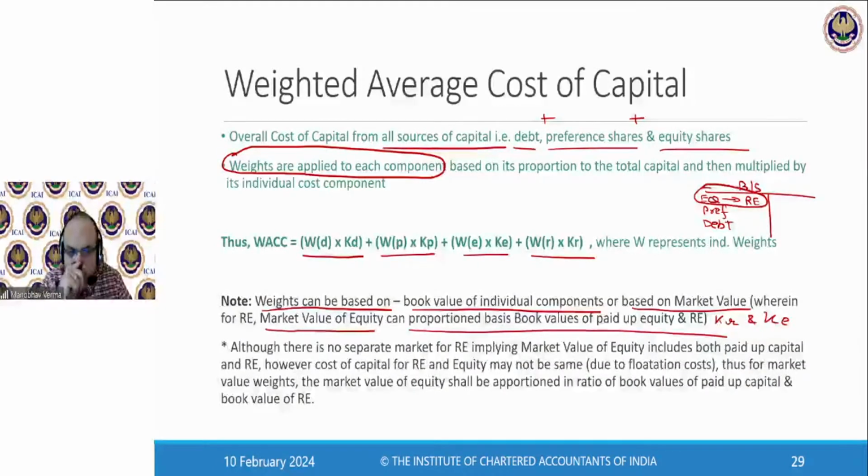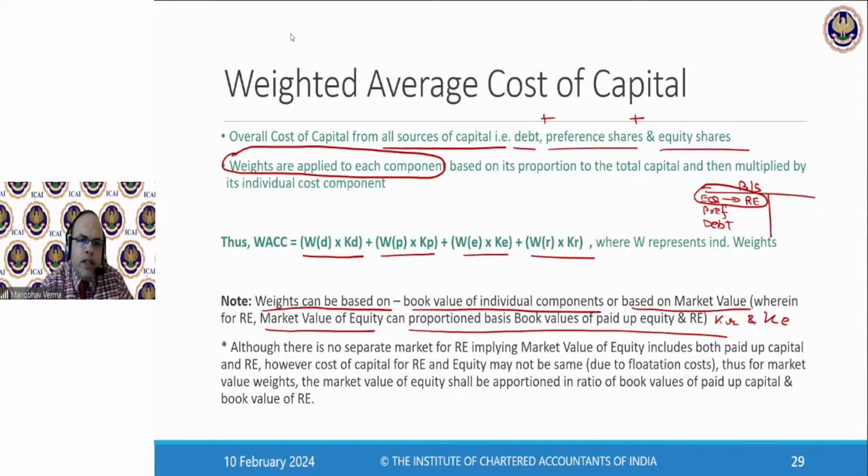When we talk about no separate market, it includes both the paid-up capital and retained earnings. It could also be a scenario that cost of retained earnings and cost of equity are different due to flotation cost. But the most important factor is, when we are taking market value, you have to apportion them. When you are taking book value, it doesn't matter, because you will have the value of share capital and retained earnings anyhow.